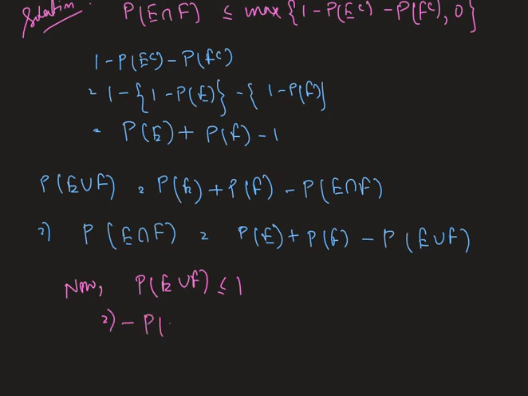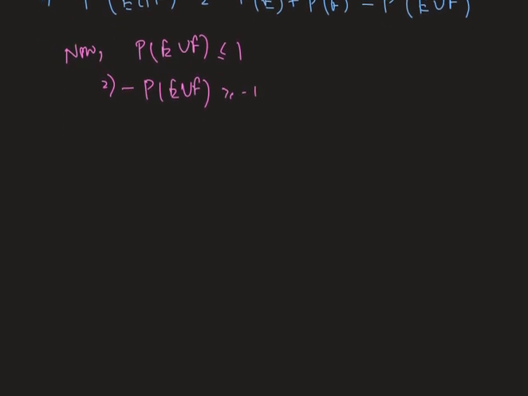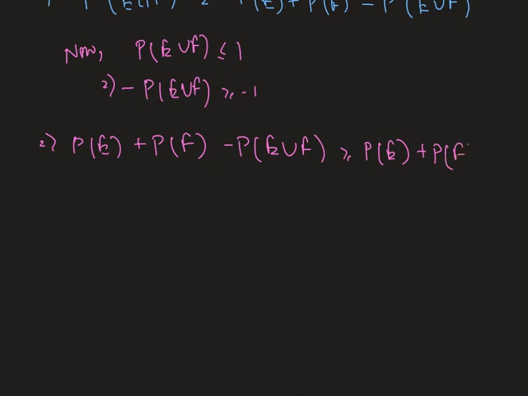Therefore minus probability of E union F is greater than equals to minus 1. Therefore probability of E plus probability of F minus probability of E union F is greater than equals to probability of E plus probability of F minus 1.